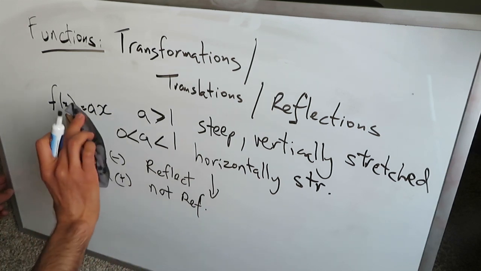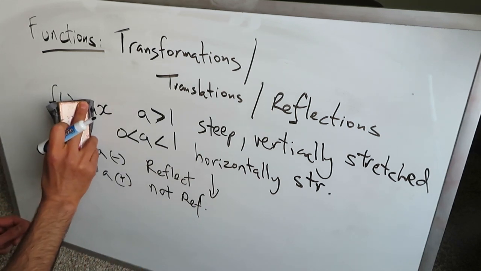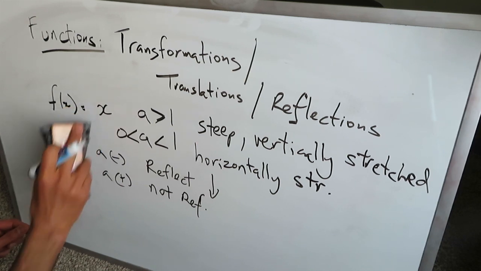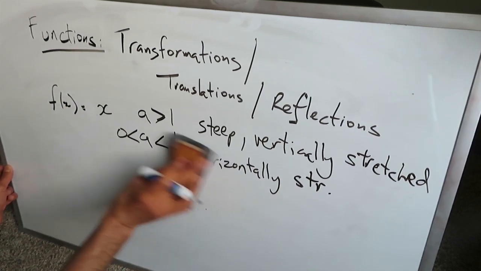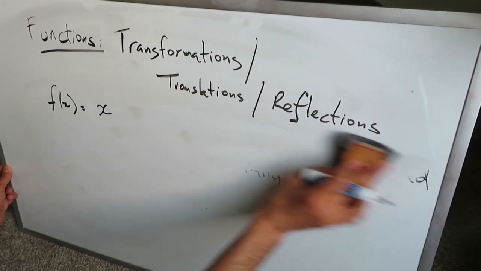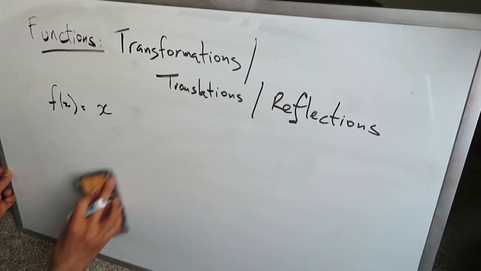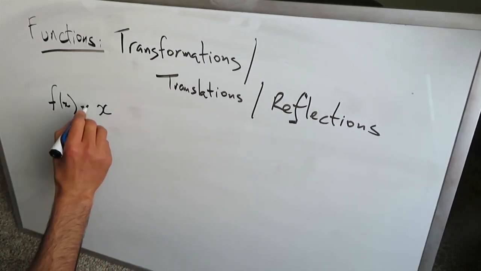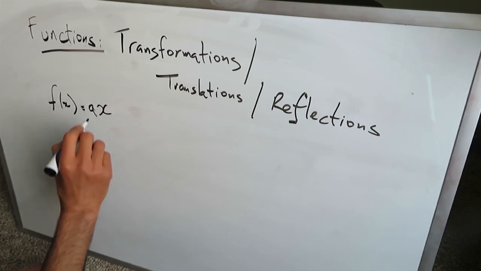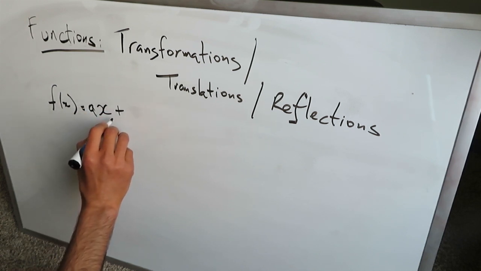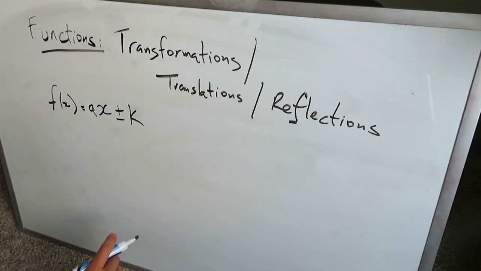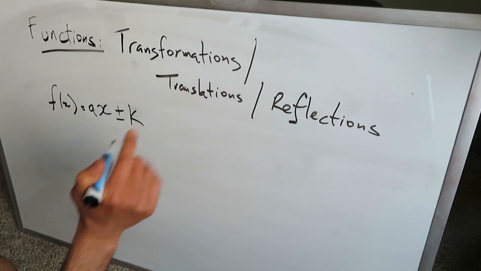So let's look at another form of translation or transformation. I'm going to erase this part, and I'm going to add over here x. Well, let's just keep a over here, but we're not going to modify this a, and we're having something called plus and minus k. Now we're talking about some type of translation.